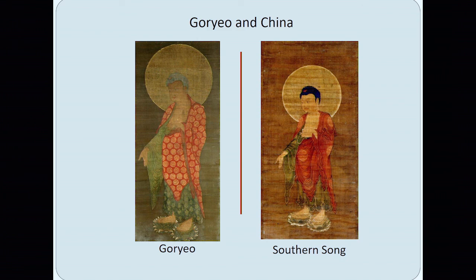For a student who's just coming to this subject, these two paintings look very, very similar. And hopefully by the end of this brief comparison, we'll be able to sense what makes them so different from one another and what illustrates the uniqueness and individuality of the Goryeo religious painting tradition.